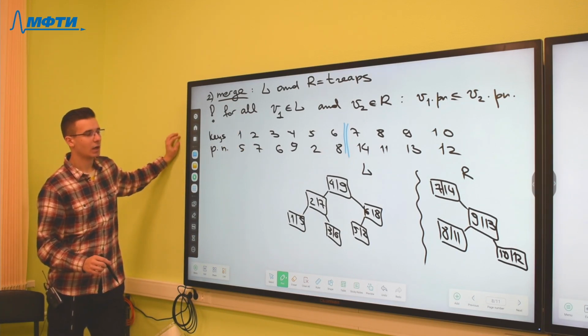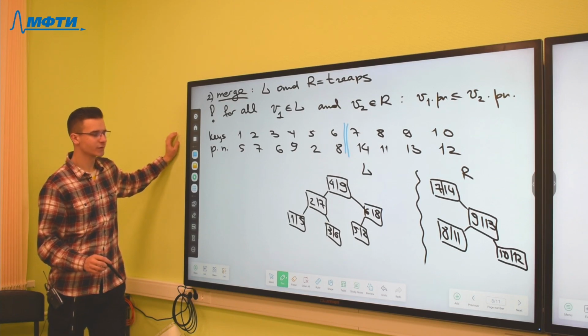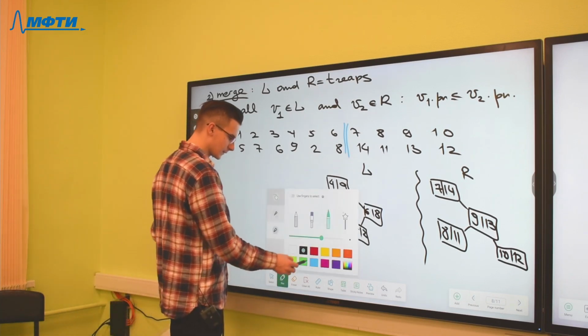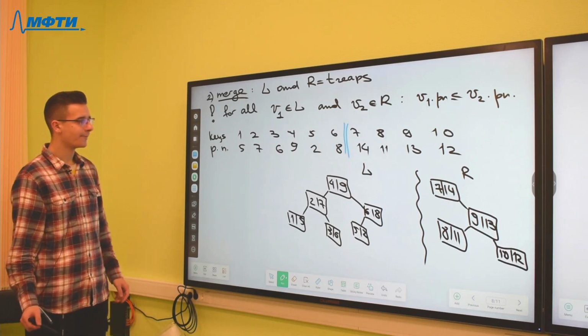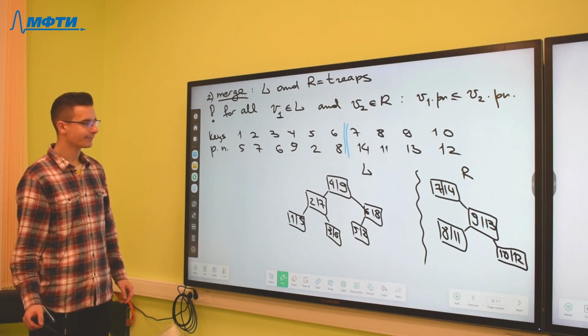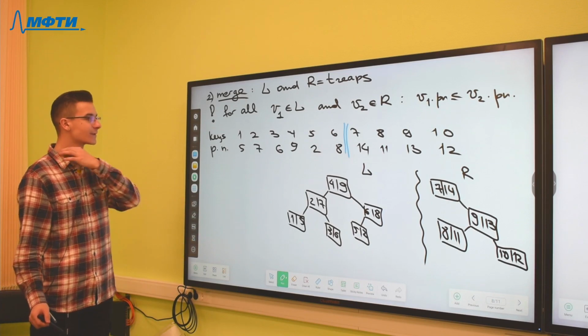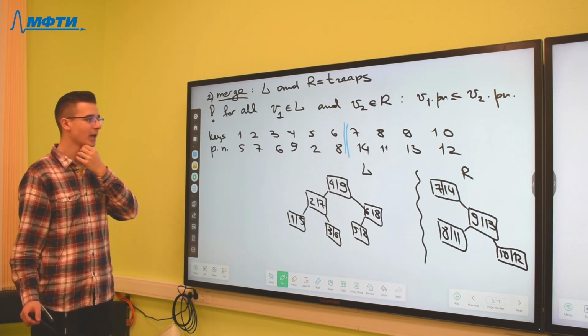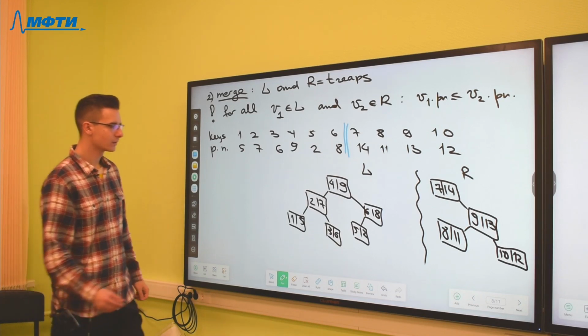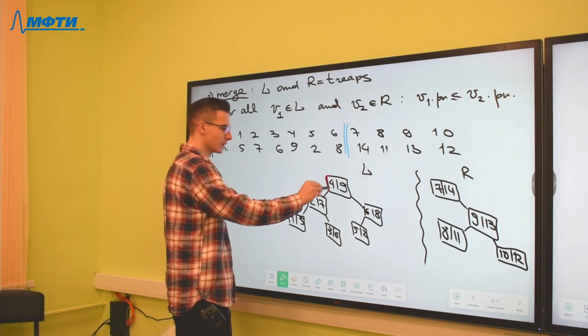Then, how to merge these two trees? In this example, it will be in one step, of course, but then I write here the common way.